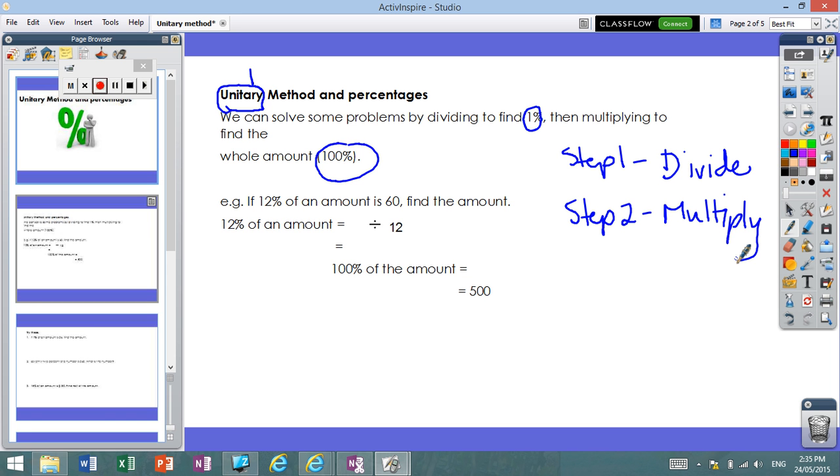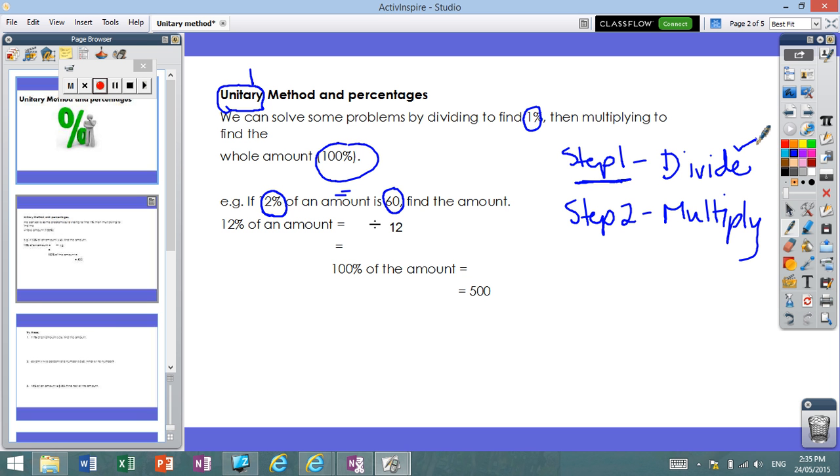So what we have here, this example: if 12% of an amount is 60, find the full amount. So what is 100%? We know 12% equals 60. That's what they've given us. So our first step, step 1, is to divide.